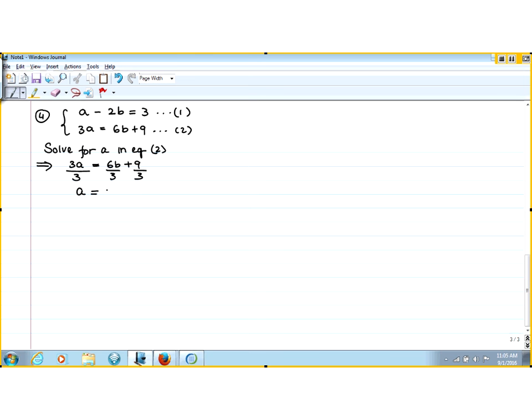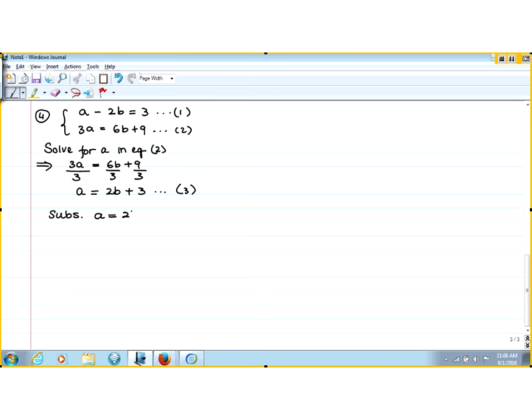So A is what? 2B plus 3. And we will call this equation 3. Equation 2 and equation 3 are equivalent. Then what?